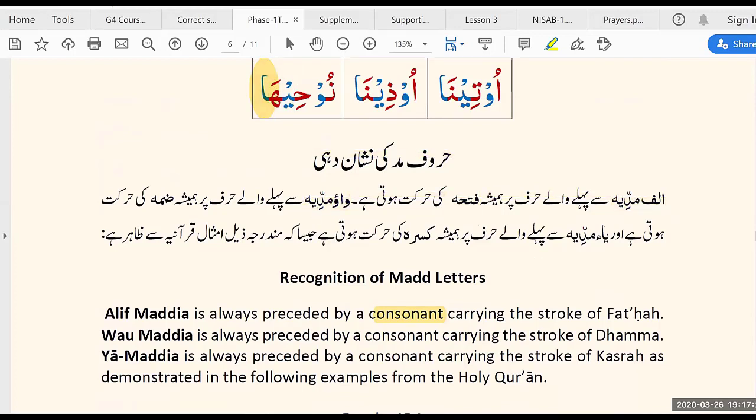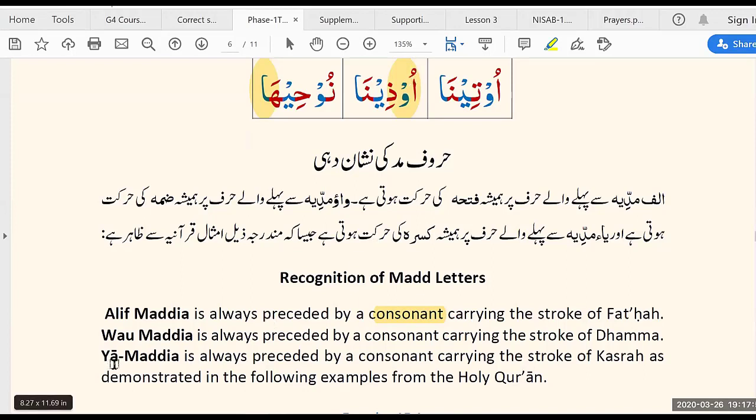The same rule applies to waw of elongation and ya of elongation. Waw of elongation is always preceded by a letter which carries a dhamma stroke. As we can see here, we have a waw of elongation because the previous letter, alif, is carrying a dhamma stroke.